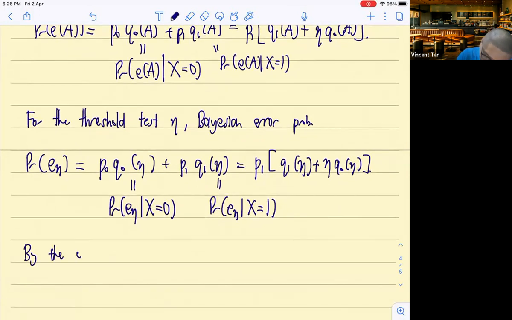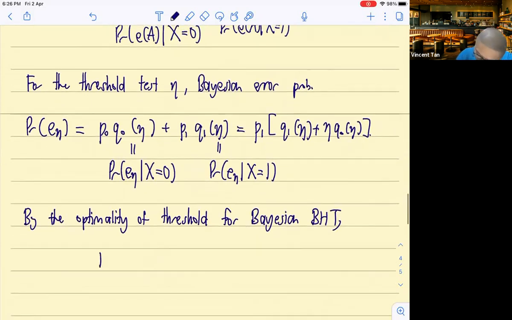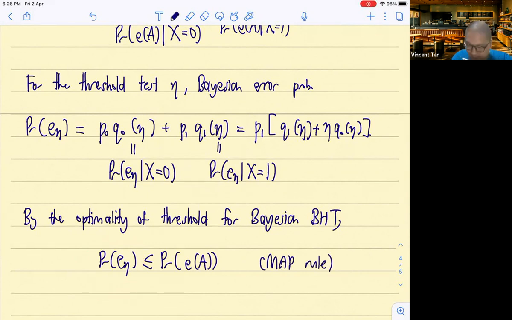By what we learned last time, the optimality of threshold tests for Bayesian binary hypothesis testing, we know that the probability of E of eta must be less than or equal to the probability of E of A, because threshold tests were optimal last time. This is due to the MAP rule, the MAP theorem that we discussed last time.